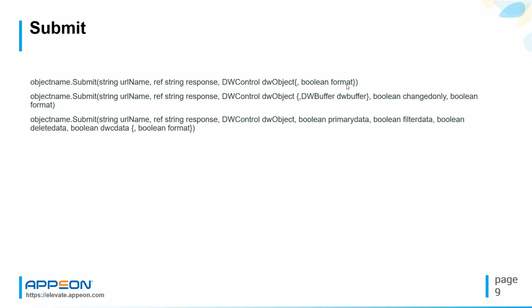It has the data broken up into the buffers, primary, deleted, filter buffers, that the DataWindow has. So it also has row and column status information. It's essentially the JSON format of the get and set full state blob that was used with distributed PowerBuilder.